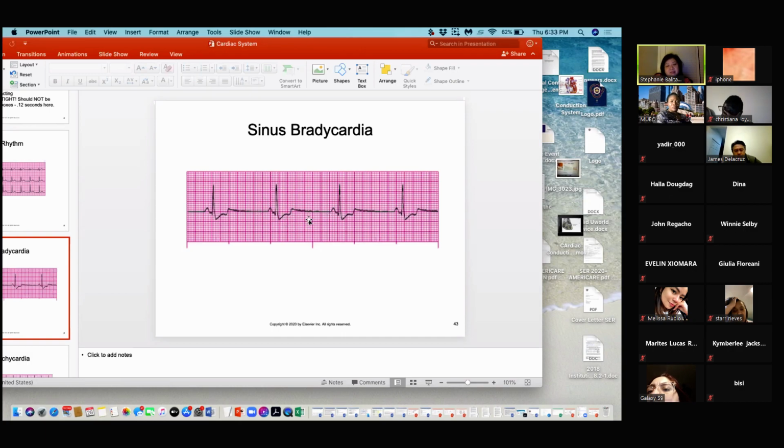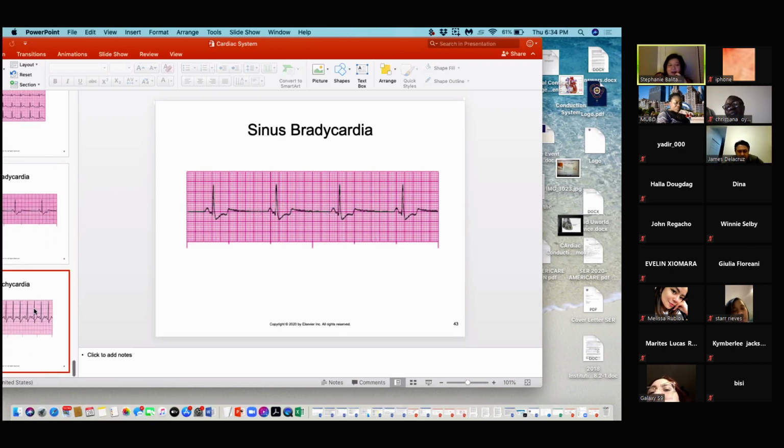But they're very slow. How would you count the beats per minute? You just count the peaks, the R's. So 1, 2, 3, and 4. Then you multiply that by 10. So this strip is 40 beats per minute. You just count the peaks, that's how you count beats per minute.